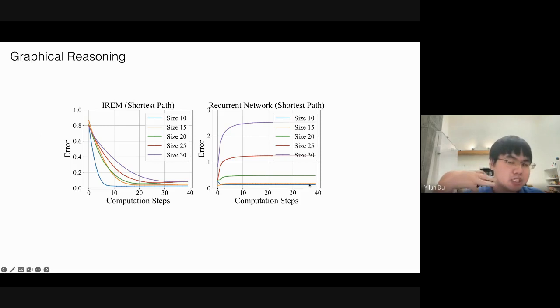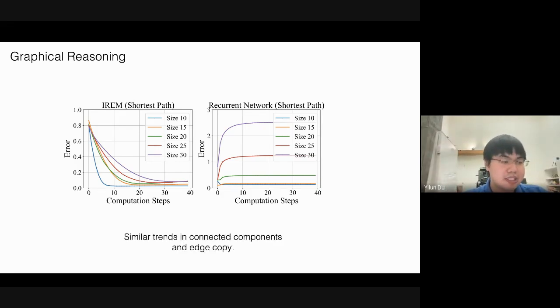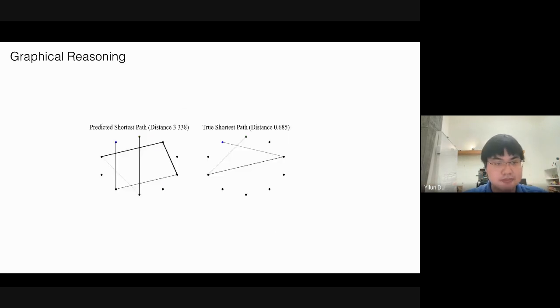But as you test much larger graphs, this recurrent procedure very easily goes out of distribution, and the error gets much, much larger for these larger graphs. So essentially, this type of energy optimization procedure gives you a more natural way to do iterative computation, and this iterative computation is beneficial for larger graphs. We show very similar results for different settings, such as connected components and copying edges in graphs.